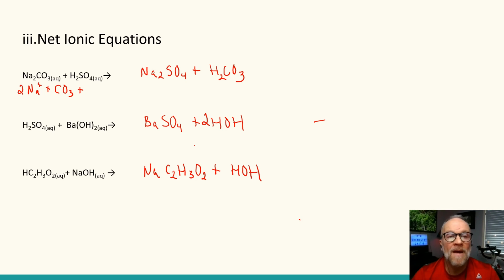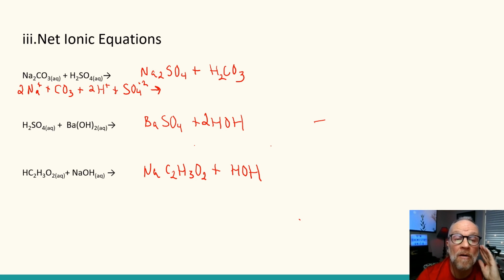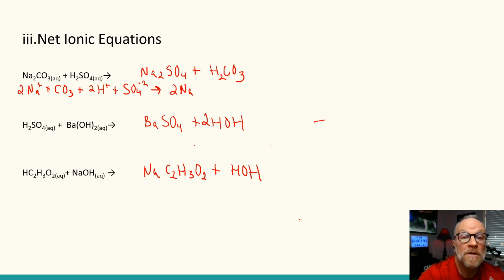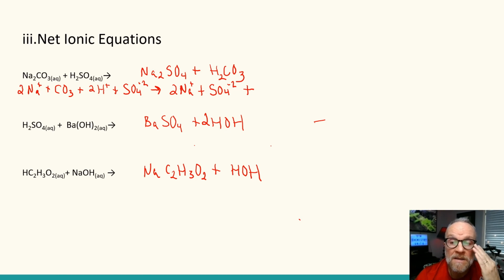And then we have sulfuric acid, which is one of our strong acids, so it will dissociate. Again, a group 1 or alkali metal will dissociate, so we have 2 sodium ions here, so sodium sulfate will dissociate. And then we have carbonic acid.